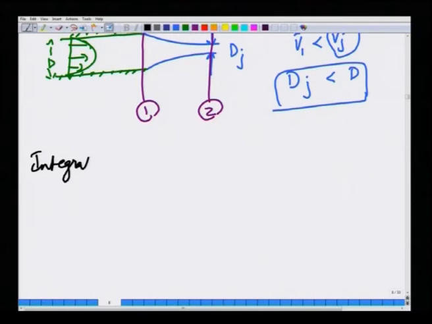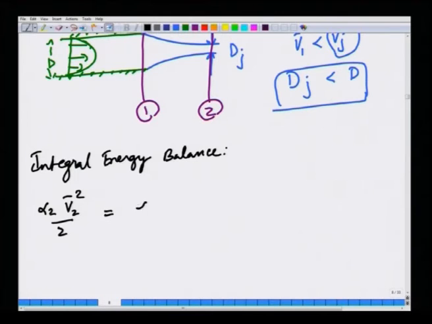First, let us use the integral energy balance, which we did at the end of the last lecture. When you use the integral energy balance, we will find that alpha 2 v2 squared by 2, the kinetic energy head, is alpha 1 v1 squared by 2, I am writing the energy balance between point 1 and point 2 as shown here in this diagram, plus or minus viscous losses.